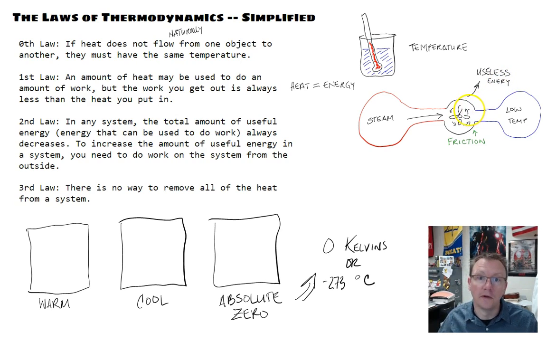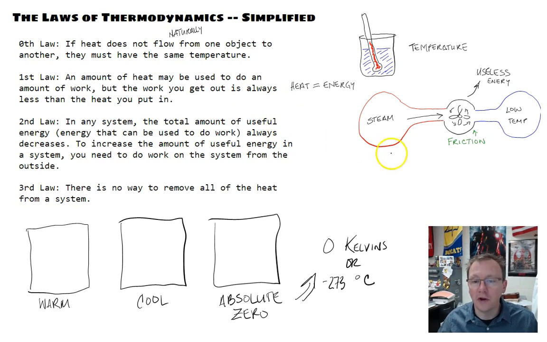It can't be used to do work. That friction forces some of the energy out of the system, and so the total energy that's available goes down. But some of the energy can be used to do work, and that work is shown here by moving a fan blade. There's lots of other ways to do work from heat, but that's the easiest way to envision, I think. That's the first law.